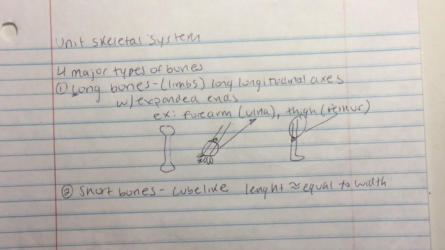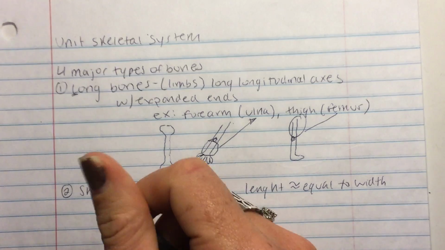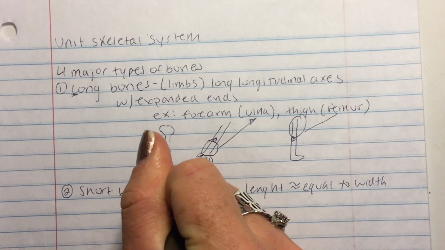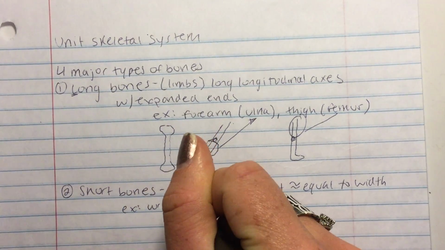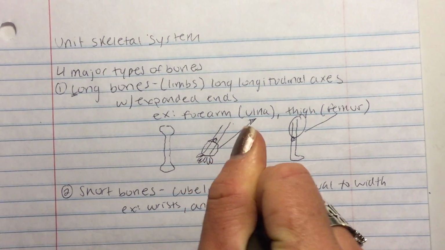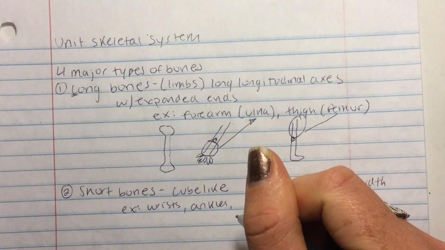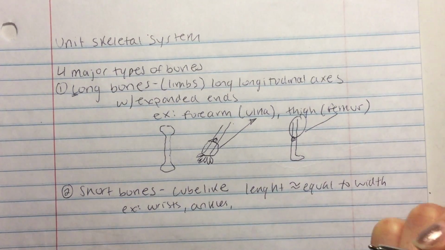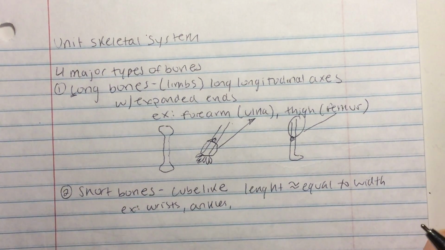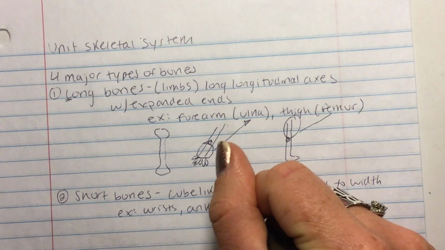So that's the short bones, very different from long bones. Luckily, the names kind of explain exactly what they are. An example would be the wrists and ankles, the carpals and tarsals, which is like the scientific name for the wrists and ankles. So we'll write those in parentheses.